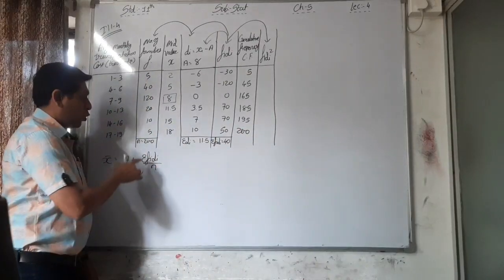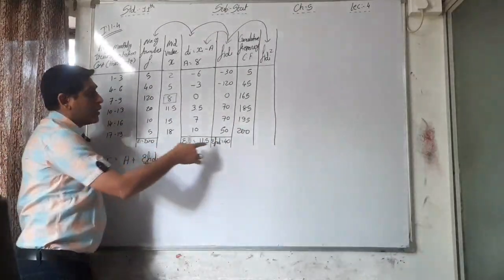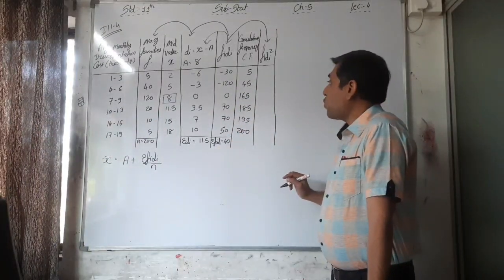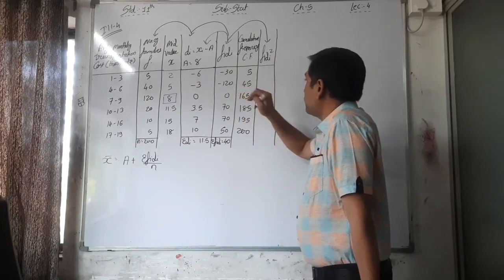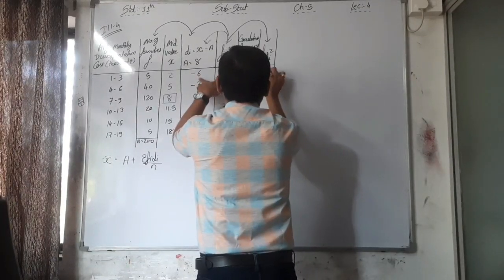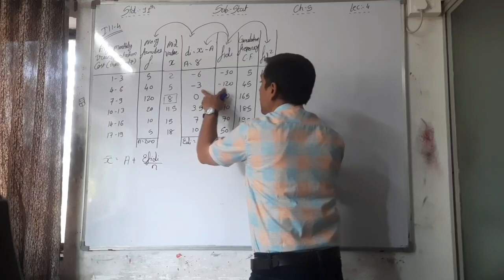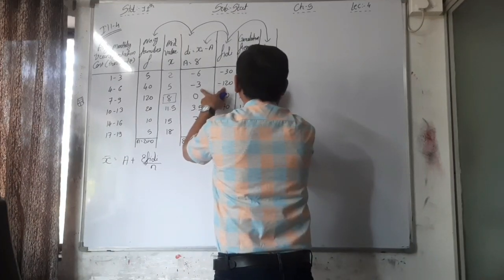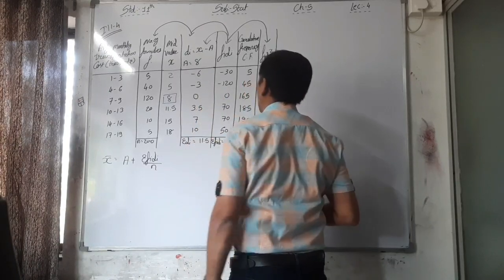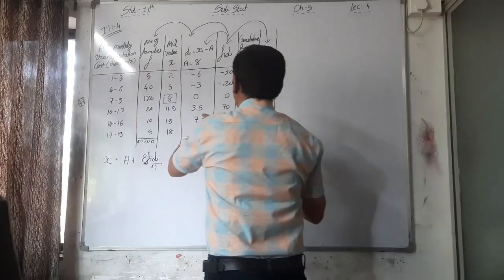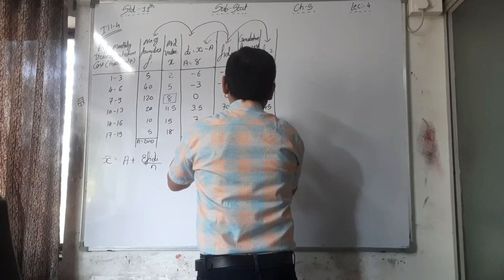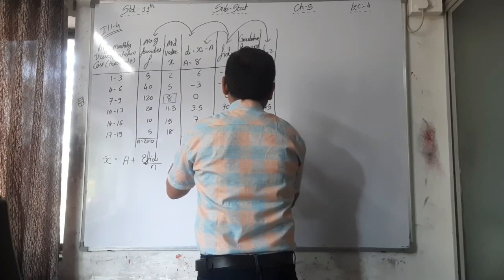So your total N, the total frequency, is equal to the last cumulative frequency. And for fi di square, these two: 6 into 30, 180; 120 into 3, 360; then 0; then 3.5 into 70, 245; 7 into 70, 490; and 10 into 50, 500.